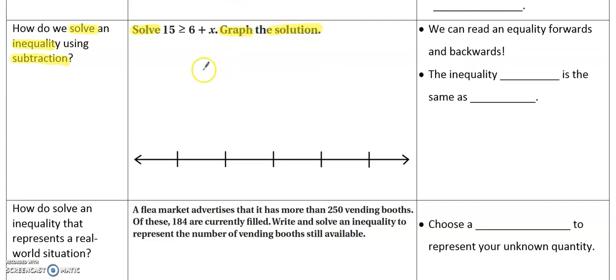This is an interesting one, and here's why. I'm going to write this out, but I'm going to leave a little space, and you're going to find out why in a second. 15 is greater than or equal to 6 plus x. In class, we talk a lot about how when there's no sign in front of a number, then it's positive, right?